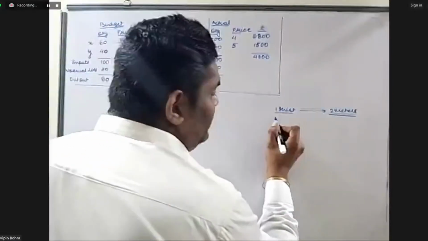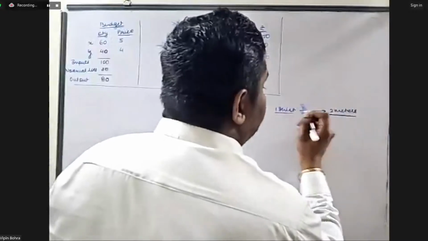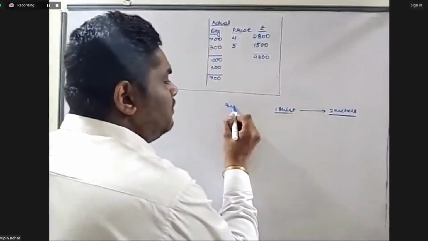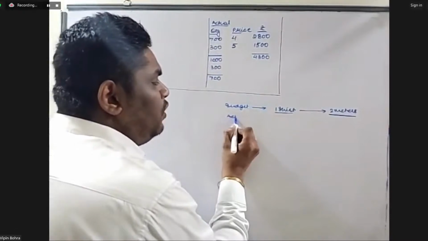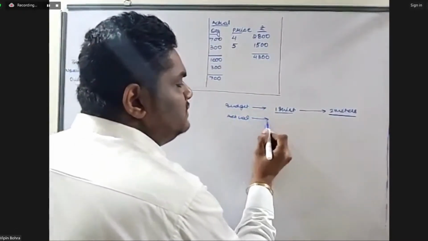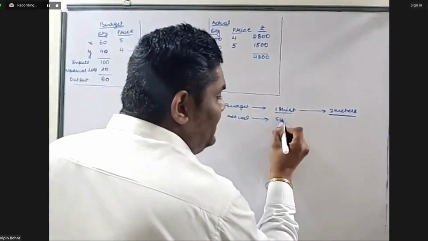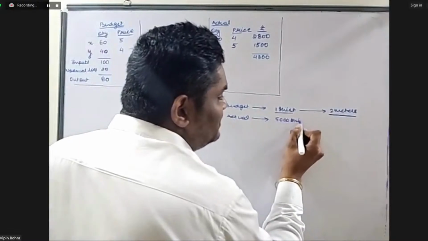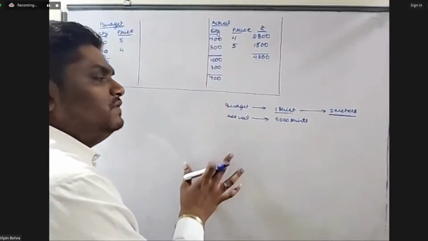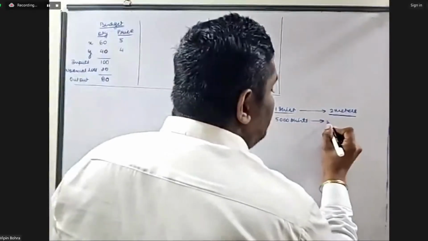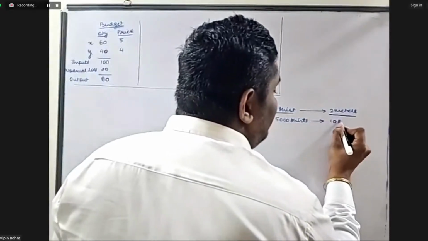Now, this is my budgeted data. This is my budget. When talking about the actual result, we manufactured 5,000 shirts using 10,500 meters.